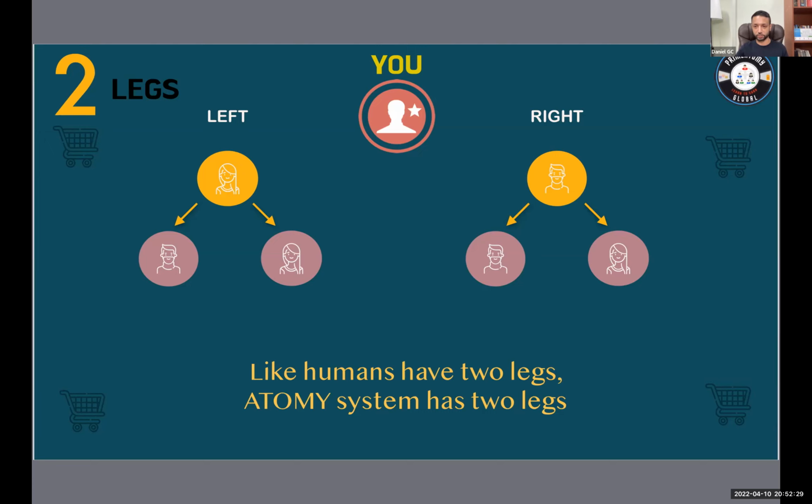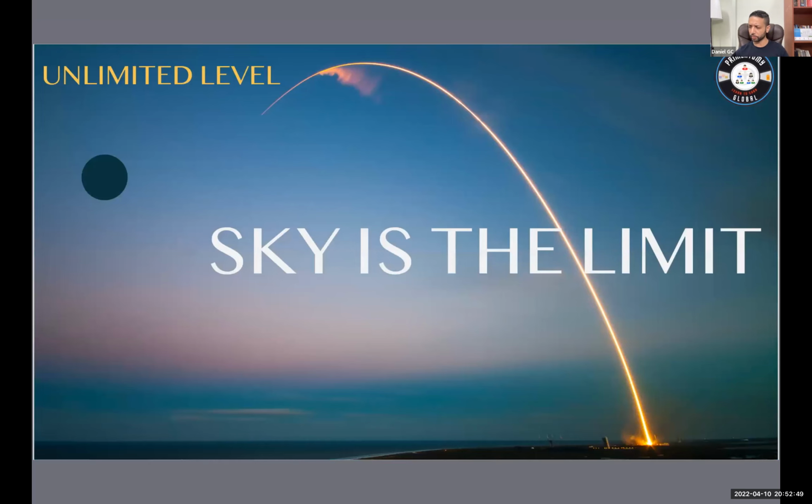What do I do with that third person? It's a very simple question, but I think it's important for all of us to understand: if there is a third person, how do I register that person under me? That is something to think about.